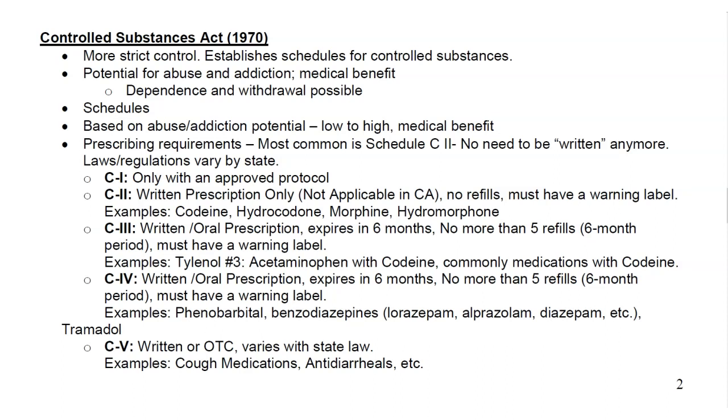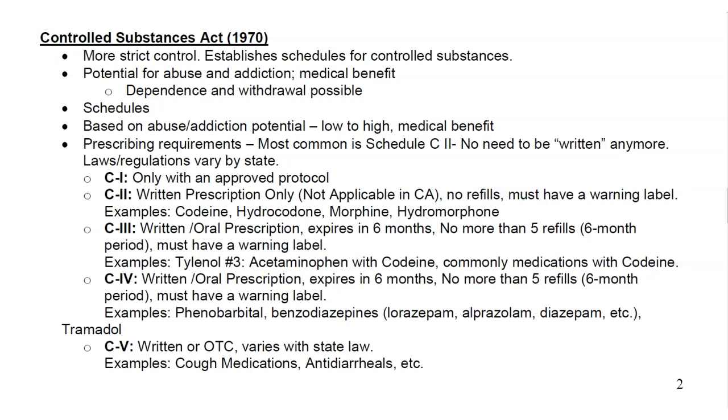They have to make sure that these drugs are being used for their medical benefit and that they're not being abused. What we are worried about here is dependence, whether it's physical or psychological, and most of the time, these drugs can also cause withdrawal, especially if the medication is abruptly stopped.